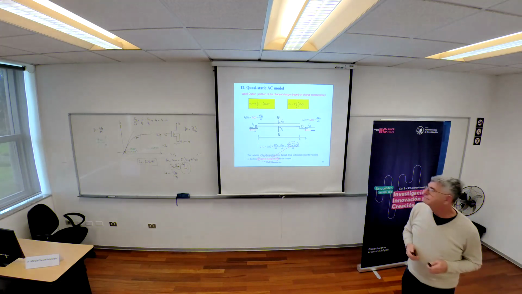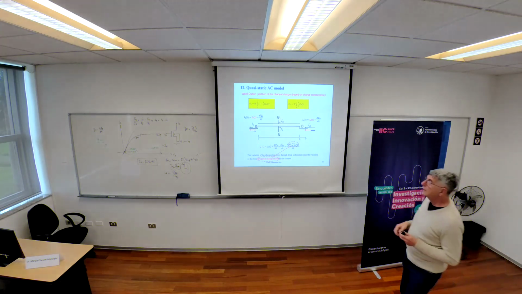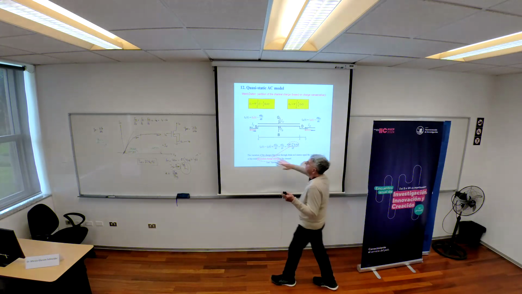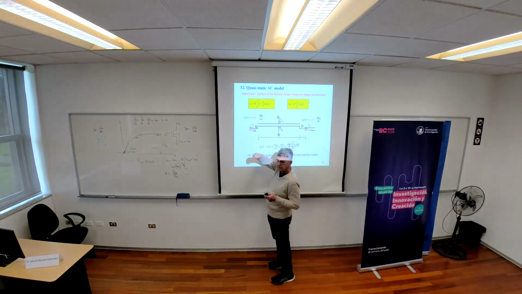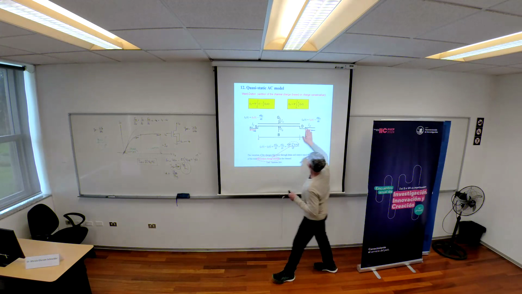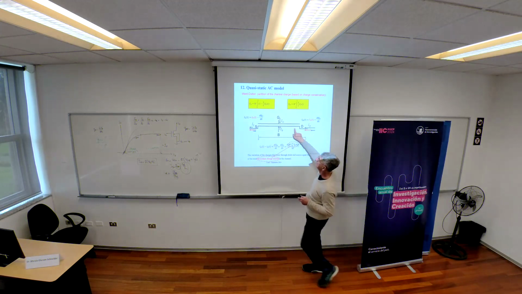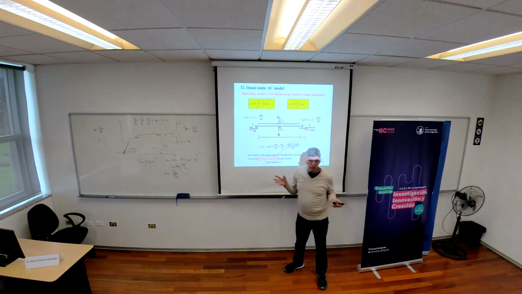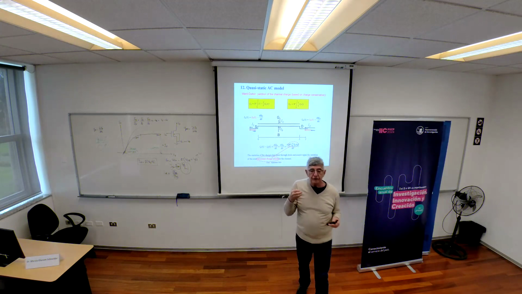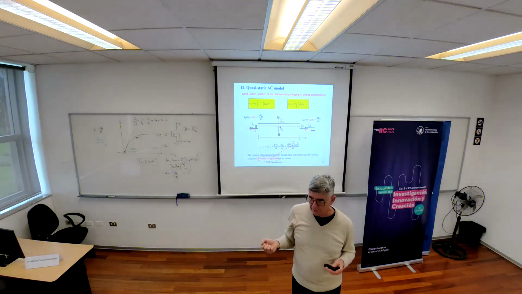So, hold on. What happens here? Let's assume that the source is at a constant voltage, but the drain is changing. Well, when the voltage here changes, somehow you change the inversion charge density in the channel.